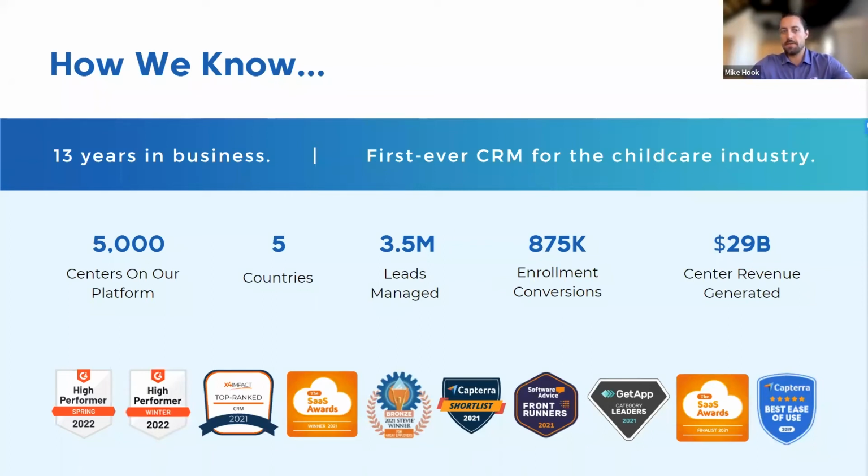So we have over 5,000 centers on our platform that we gather best practices and information from. That is over 5 countries. And as you can see, that's a lot of leads, a lot of enrollment conversions, and a lot of revenue. So the things that we're talking about today are current 2022 best practices from a wide range of companies and countries.